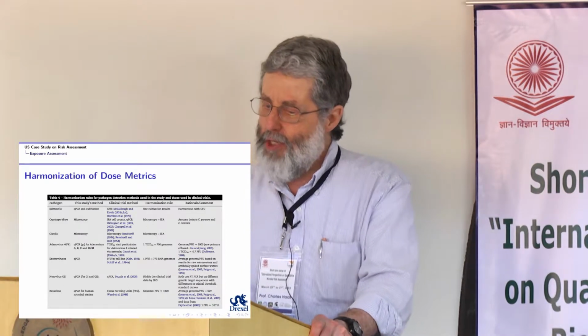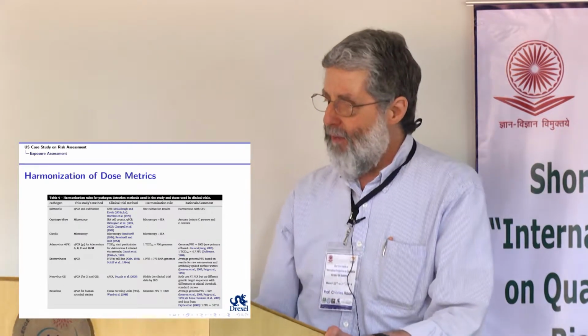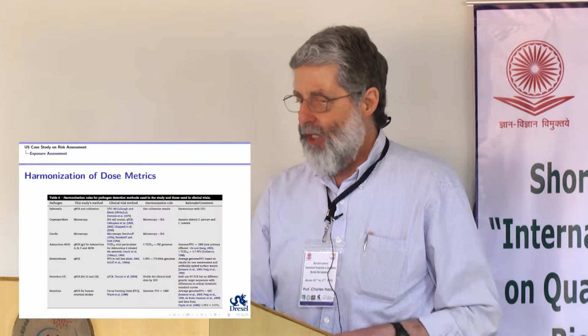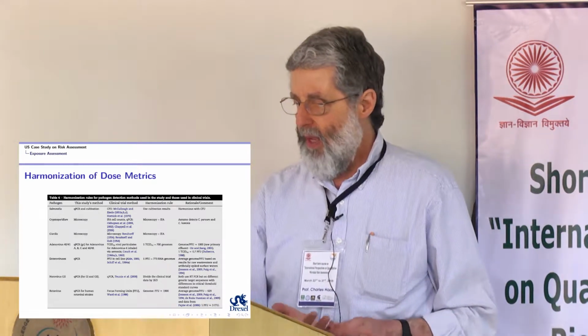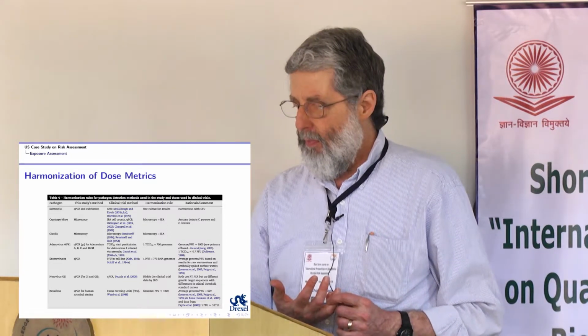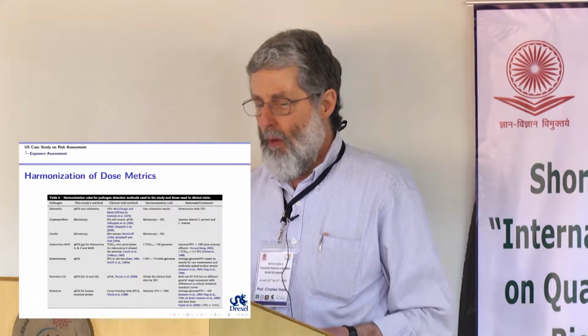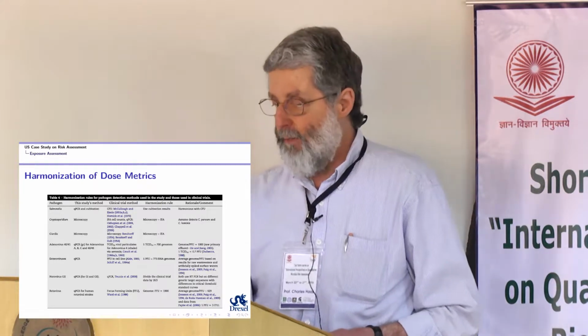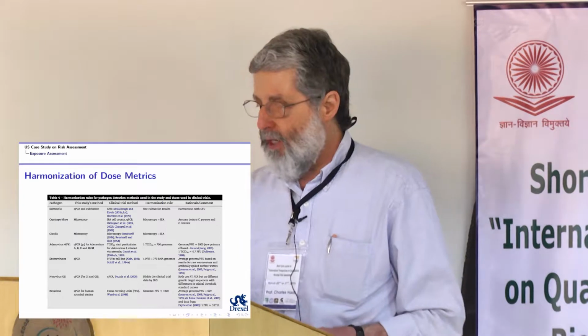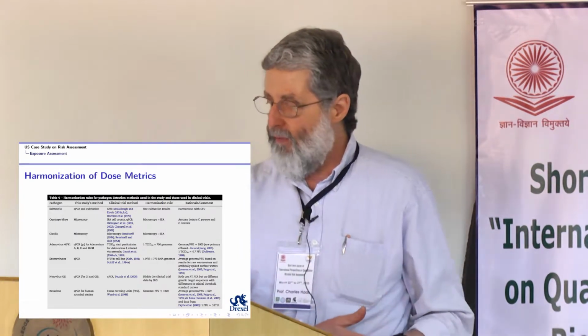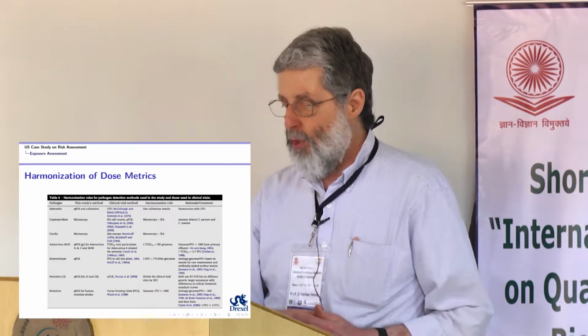On the dose side, we have the issue of comparing various techniques: qPCR, microscopy for the protozoa, reverse transcriptase, RT-PCR, for a number of cases. And they developed a set of rules as to how you convert one set of metrics to another.